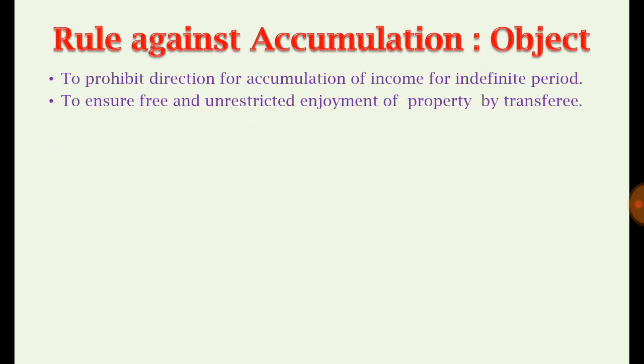Now we must see what is the object for which section 17 is inserted. Actually, in the original enactment this was under section 18, but after amendment it is inserted in section 17. The first object of this section is to prohibit direction for accumulation of income for an indefinite period. Section 17 is somewhat supplementary to section 14.